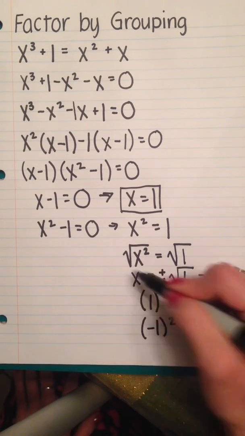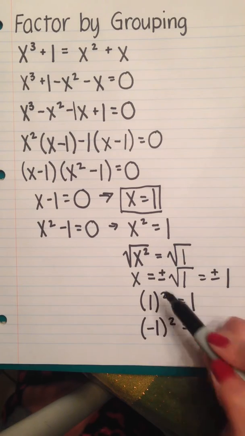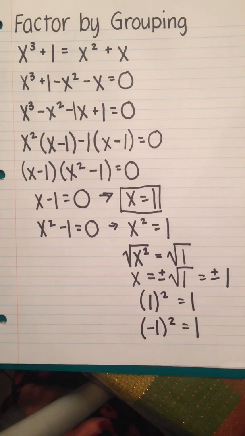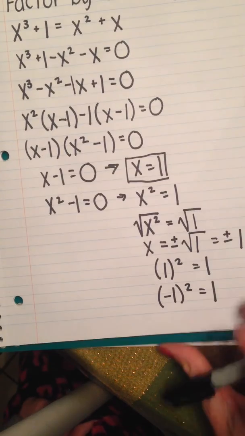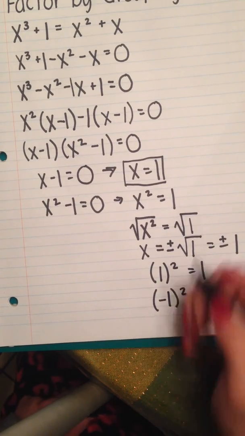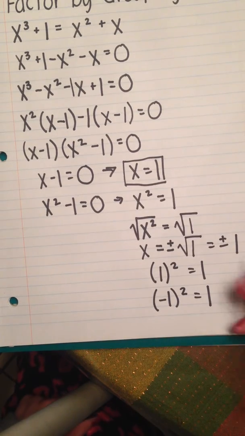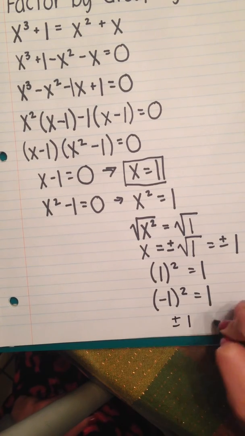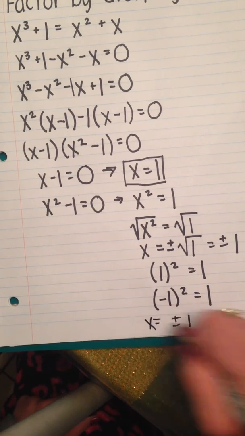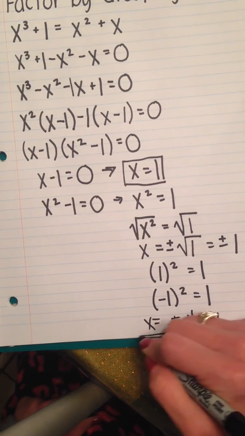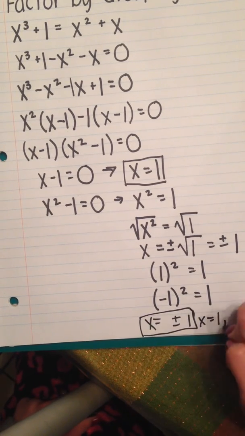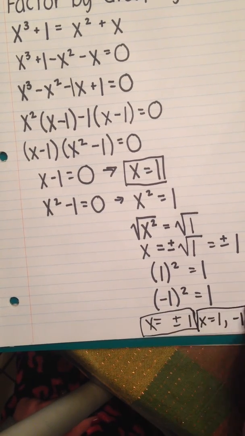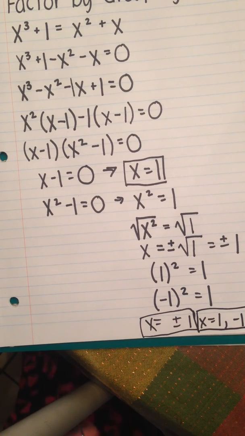So when we take the square root, we cannot forget to add the plus and the minus. So here we have our solutions. We have x equals 1 and x equals plus or minus 1, which is the same thing as 1 and negative 1. And those are our solutions.